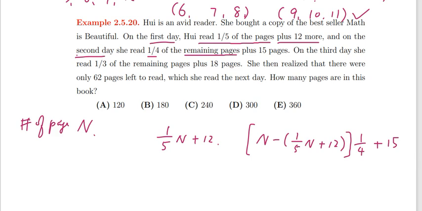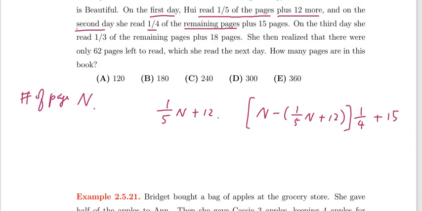Okay, so let's simplify this. That equals (A minus 1/5 A minus 12) times 1/4, plus 15.